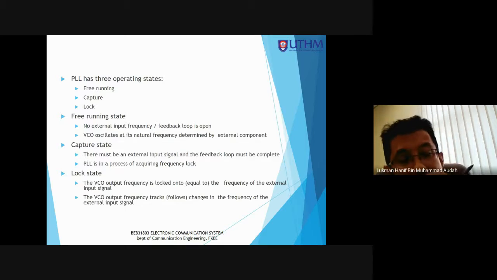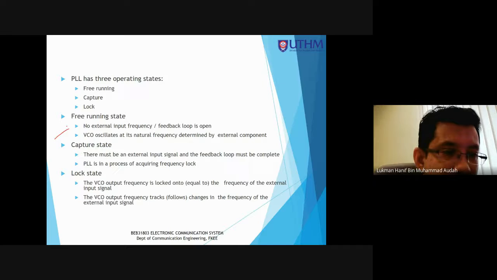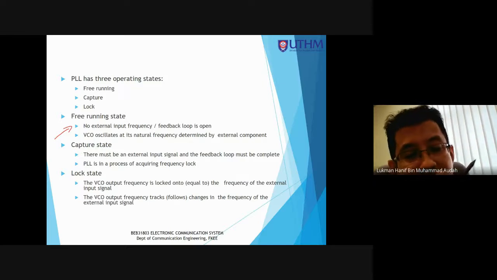So, PLL ada tiga fasa, ada tiga fasa ataupun state of operation. Free running state, what happen is that if there is no input signal. Di sini free running state bermakna tidak ada input signal.